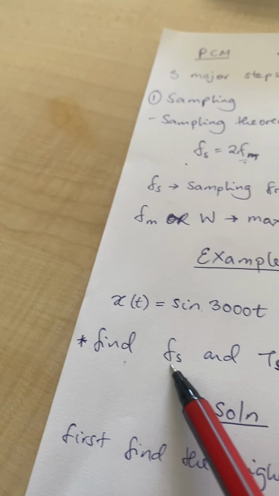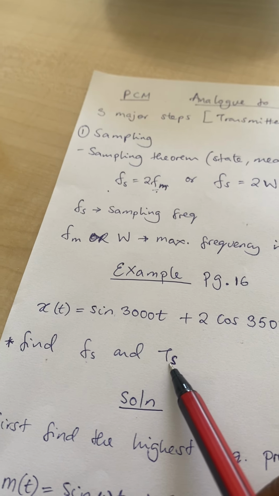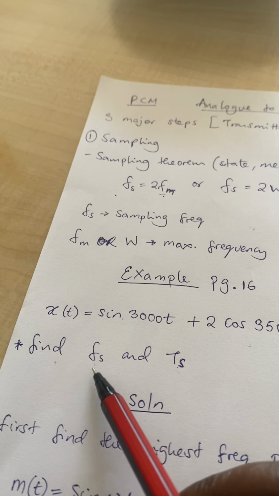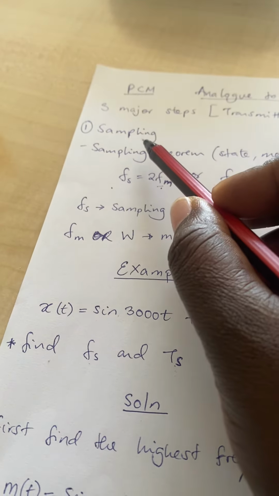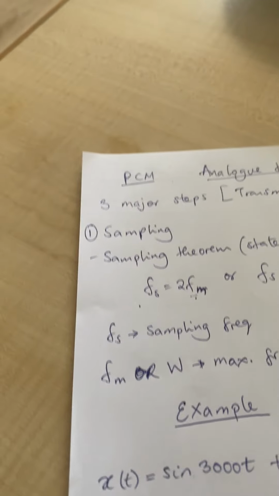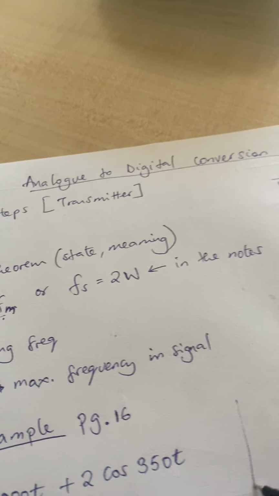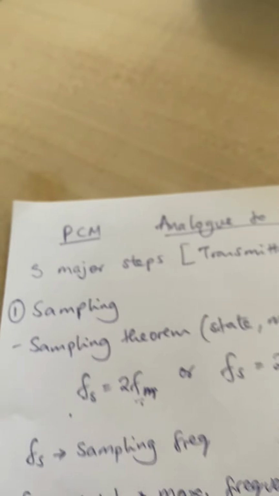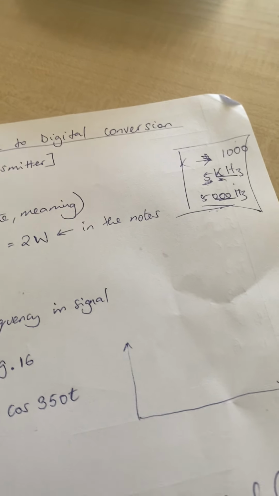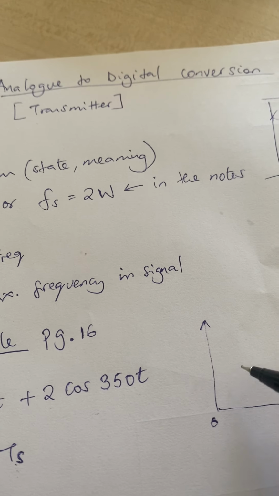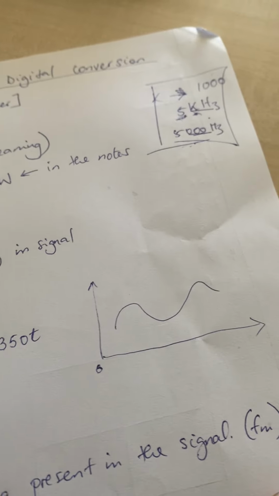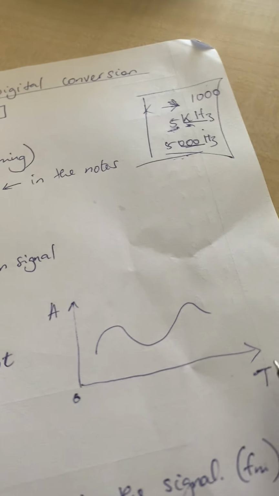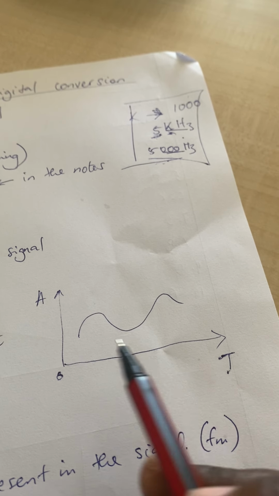Okay, so we have found Fs and Ts. I said these are the two most important parameters when we are looking at sampling. Why is that? Because when we're sampling a signal, a continuous signal that is of that form, this is your amplitude and the time here, t.